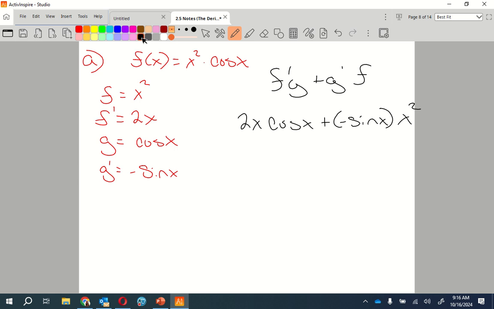Alright, and clean it up a little bit. So I should get 2x cosine x, and this is going to be minus x squared sine of x.